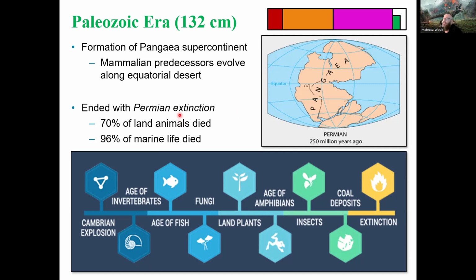This is the biggest extinction that has ever happened on the face of the planet, where more than 70% of land animals died and almost 96% of marine life died. Nobody was protected in this case. The only thing that helped animals was if they were able to translocate from one area to the next more quickly, or if they were able to go underground or into some kind of protected region.